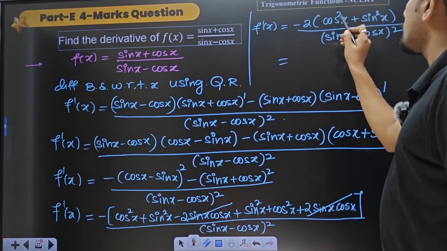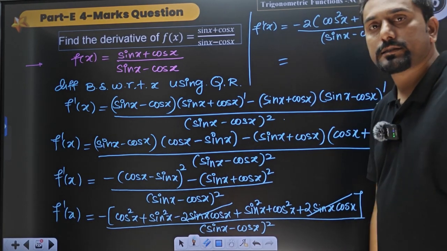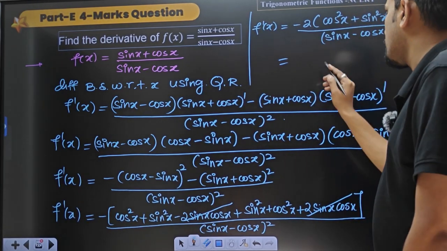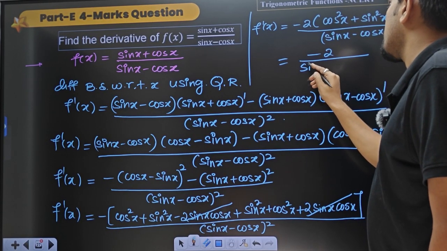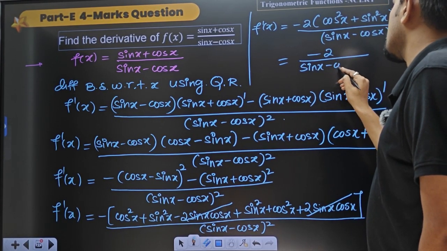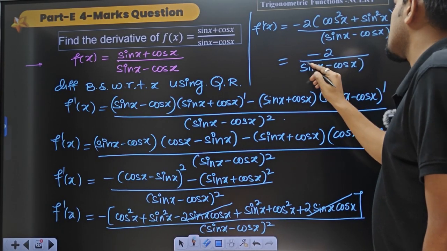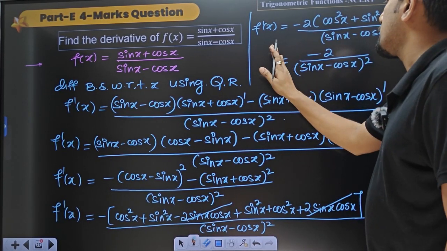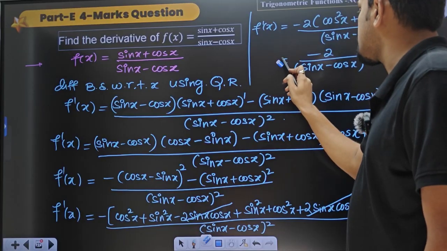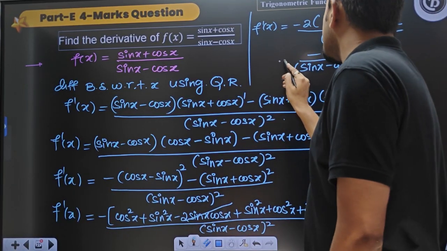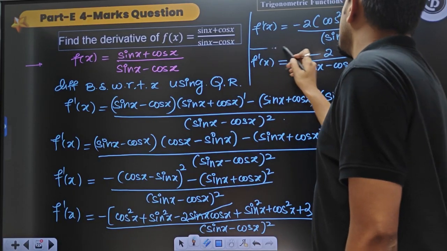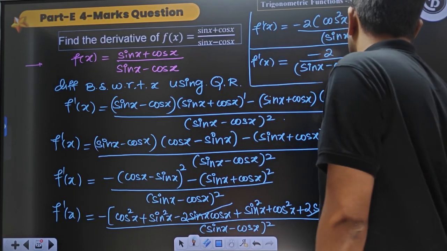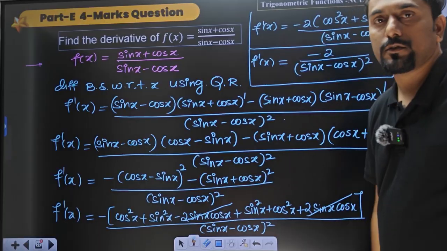Okay, we know that cos square x plus sin square x is nothing but 1. So this gets simplified into minus 2 divided by sin x minus cos x whole square, and this is nothing but f dash of x. If you write this much, then you will get 4 out of 4 marks.